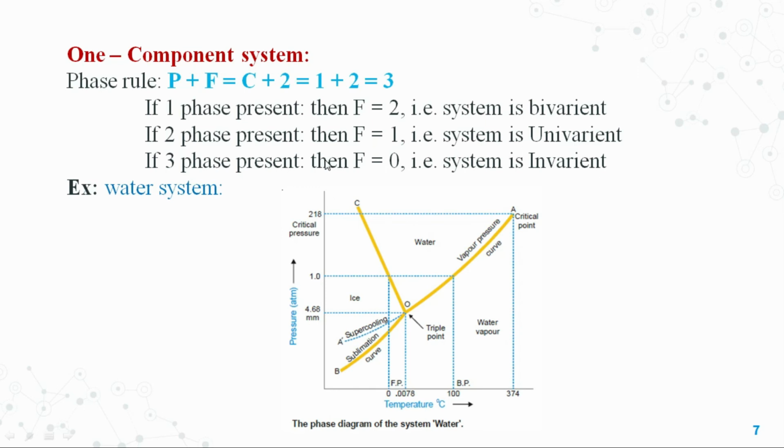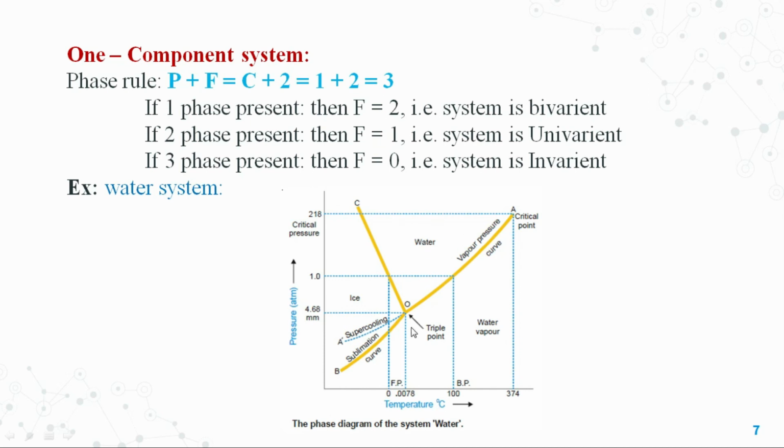Just to understand this, consider the phase diagram of water. In this phase diagram of water, the lower part will be the vapor state. This is liquid water and this is ice. So at any plane, only one phase exists. Like if I consider this water, it is only one phase and the position of this water is changing with the two variables, pressure as well as temperature.